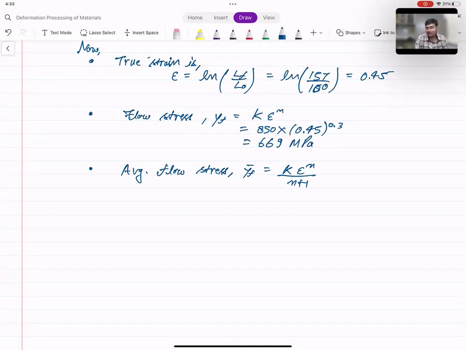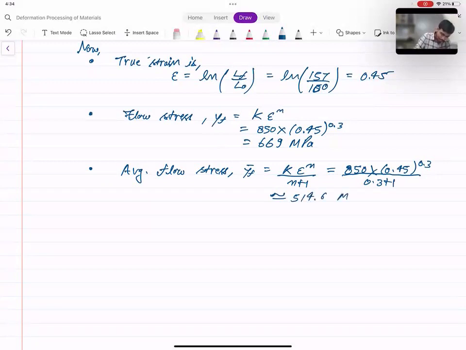Okay, so upon putting the values and calculating, this is 850 times 0.45 to power 0.3 upon 0.3 plus 1. This value comes out to be around 514.6. Okay. So this was another example.